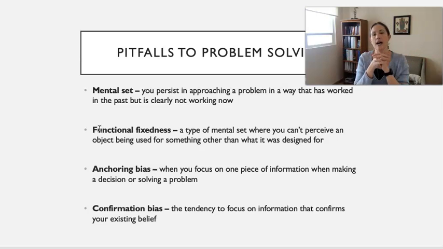I don't see traffic on Sundays, and you don't focus on other factors like, is there something special about this Sunday? And then confirmation bias is the tendency to focus on information that confirms your existing belief. If you think something is true, you are only going to focus on that. You're not going to see all the other information that shows that your solution is not accurate.